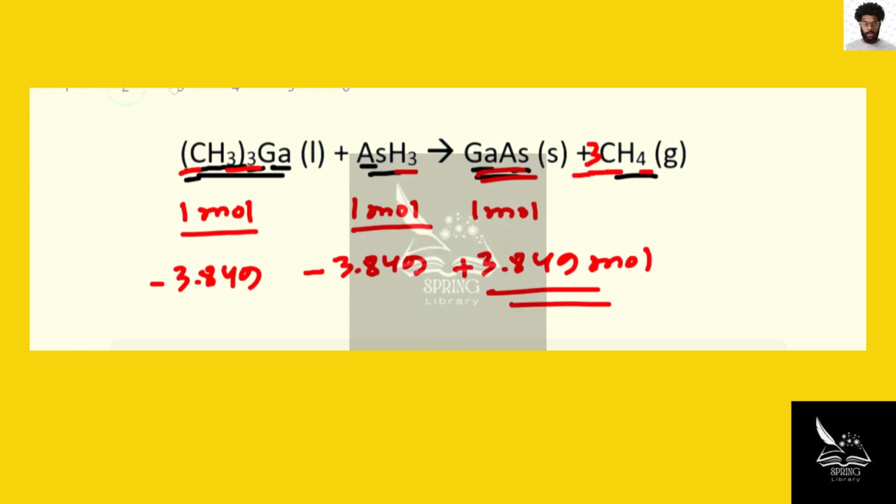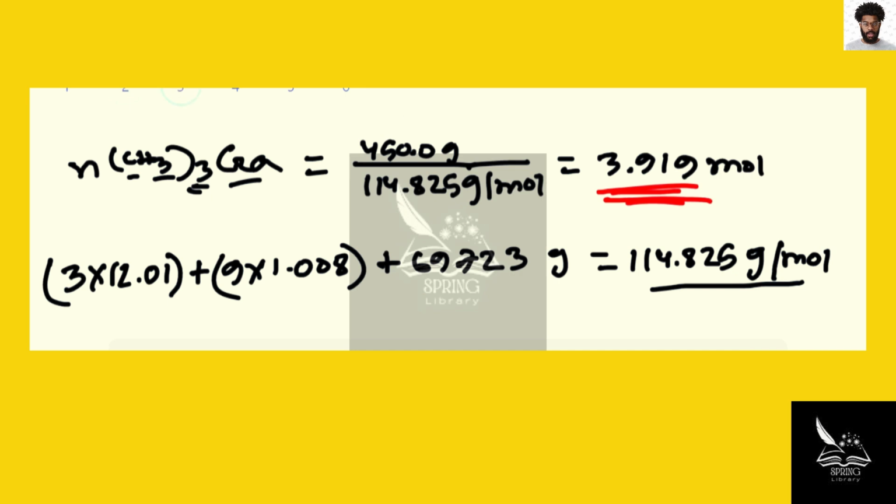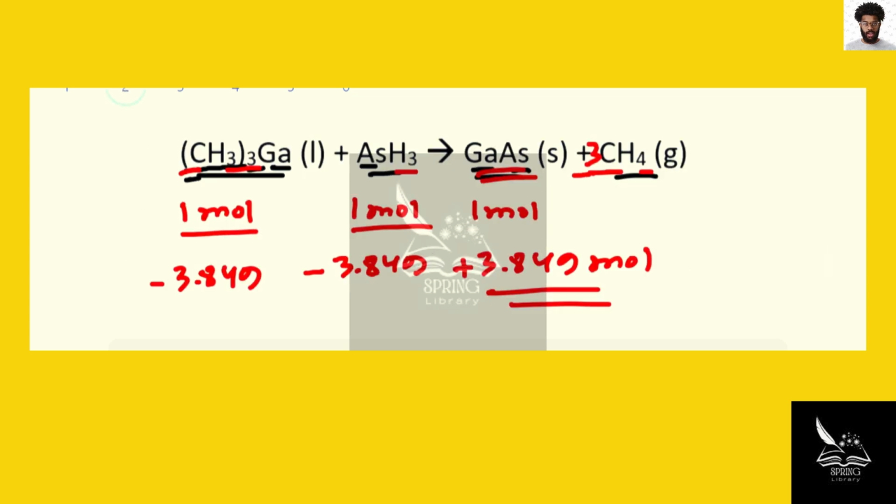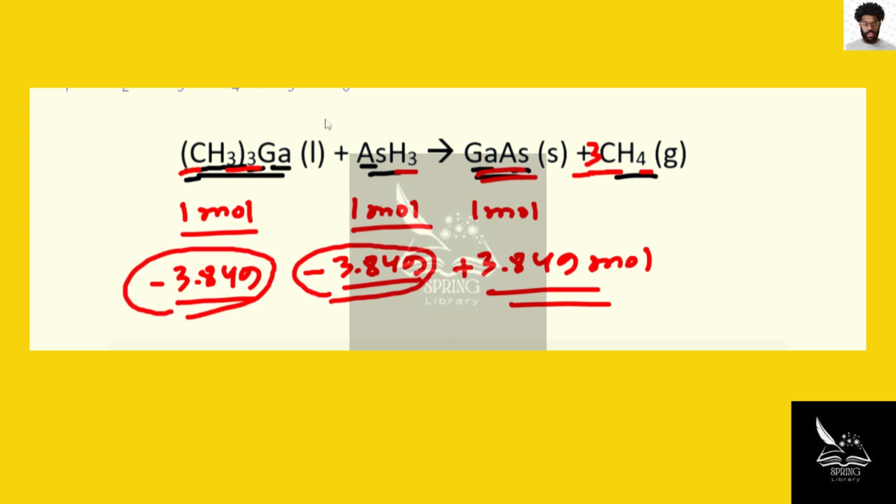So from here we can see that we had 3.919 mole of trimethyl gallium, but in the reaction we are reacting only 3.849 mole of trimethyl gallium, and the arsine gas we had, 3.849 mole, is actually completely consumed. That means this is a limiting reactant, and this will be our excess reactant.